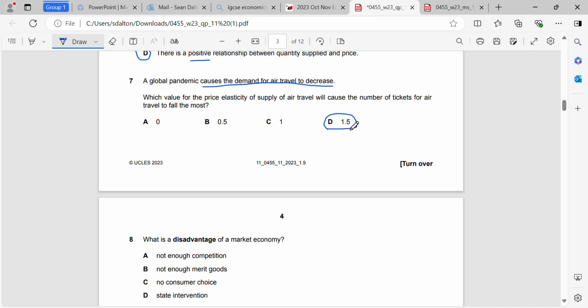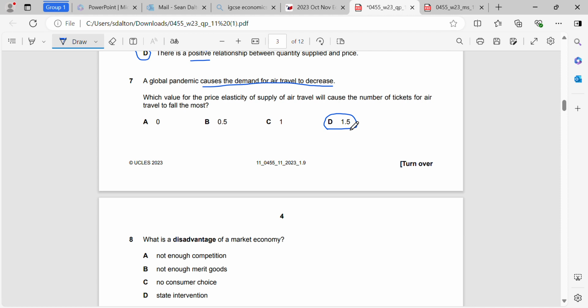So because this one is sensitive, when the demand for air travel decreases, because the sensitivity is higher with the elasticity being higher, the number of tickets for air travel will fall by the most when we're at an elastic level of supply.